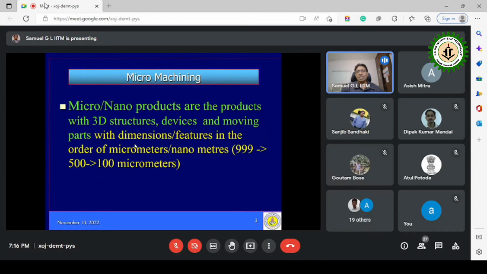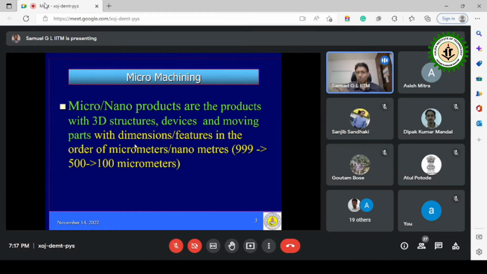As the Professor has already tried to define what is micro machining, micro manufacturing or micro nano scale: usually when we make a product or a feature, like a circular hole, that is a feature.